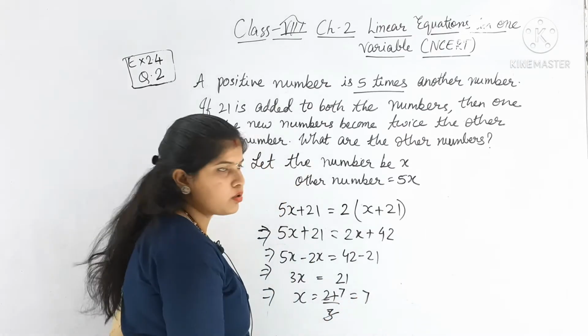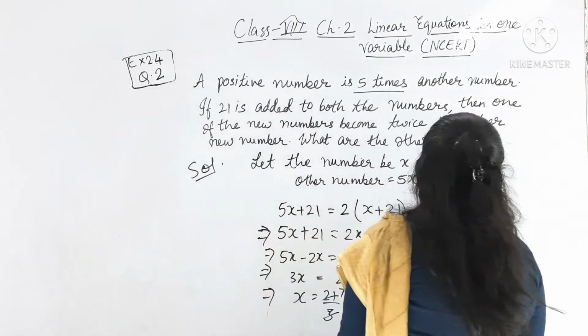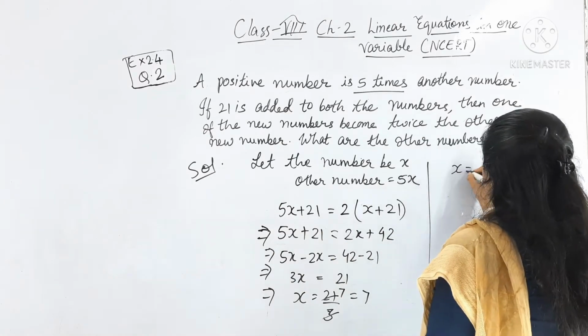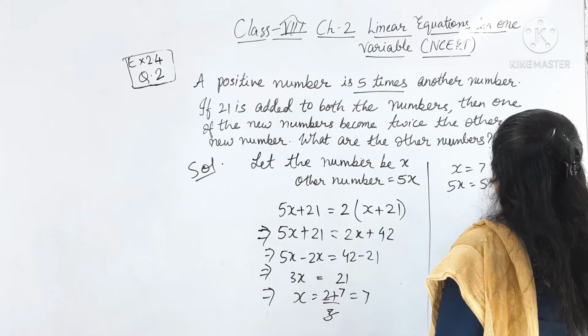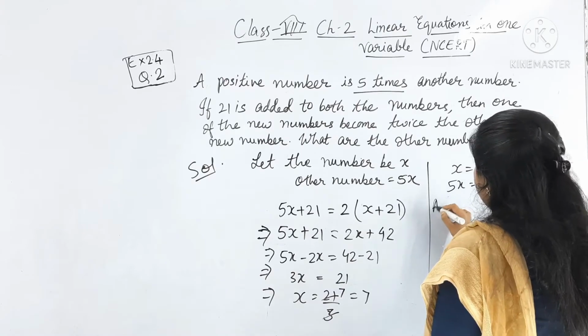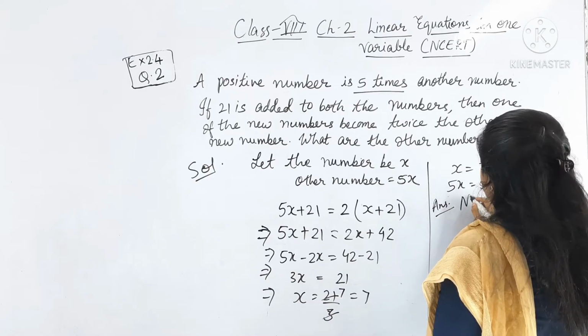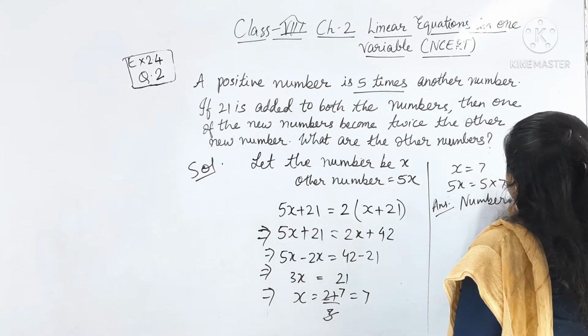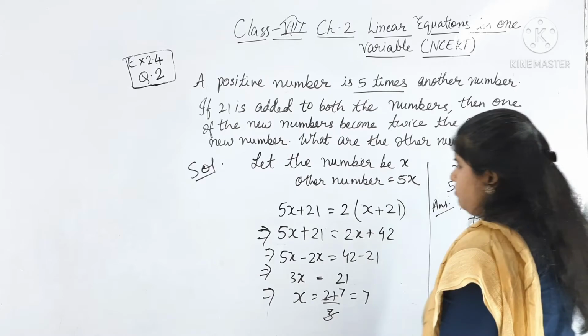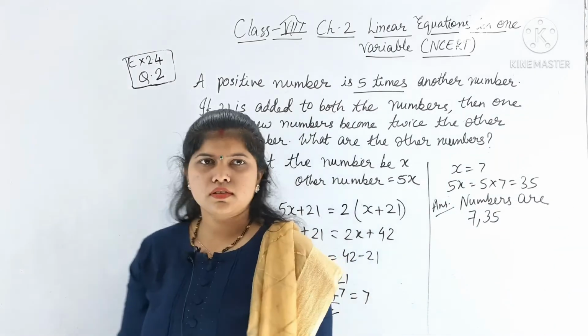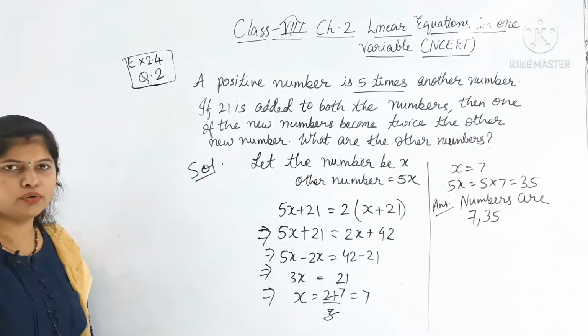So I am getting x equal to 7. So what will be the answer here? The number is x equal to 7 and 5x is 5 into 7, which is 35. So you can write the answer as: the numbers are 7 and 35. So this is the solution for question number 2.